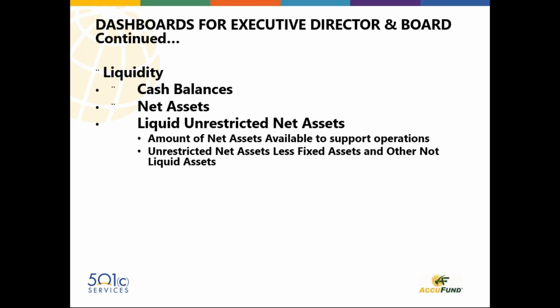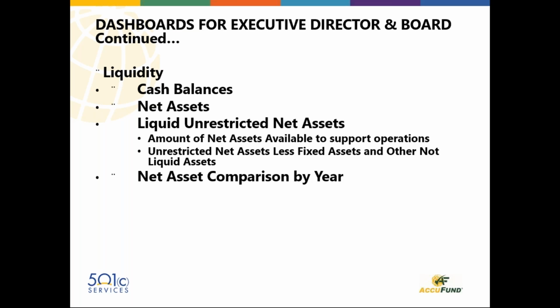Some cases, like say you had a fixed asset, but it was paid for by permanently restricted funds, and they're still in an endowment, then you wouldn't necessarily have to take out fixed assets. But if it's a building you own that was donated to you, but had unrestricted net assets as a part of it, then you better back it out when you look at what your unrestricted net assets are.